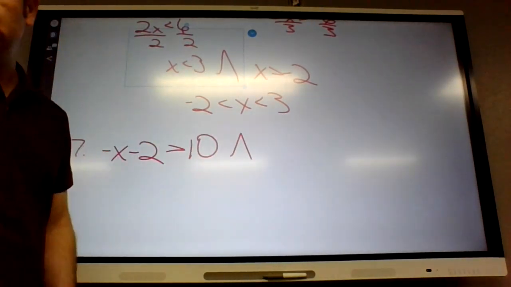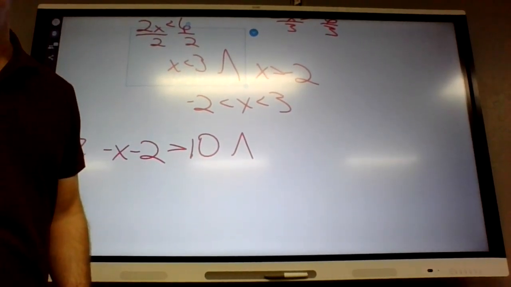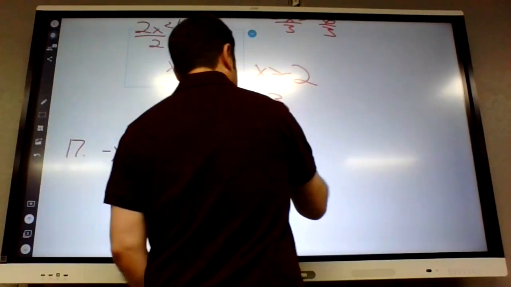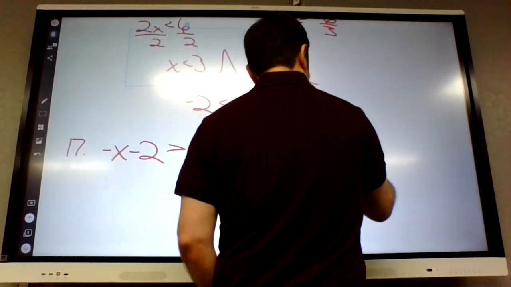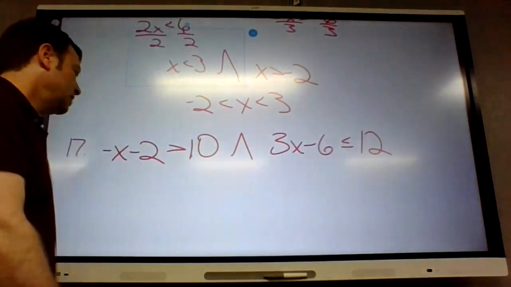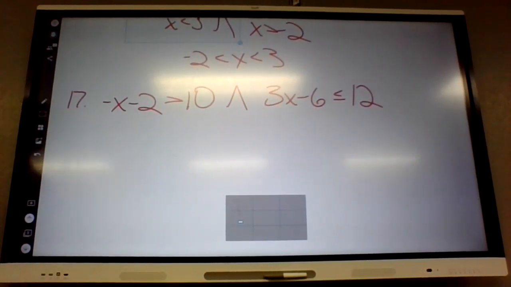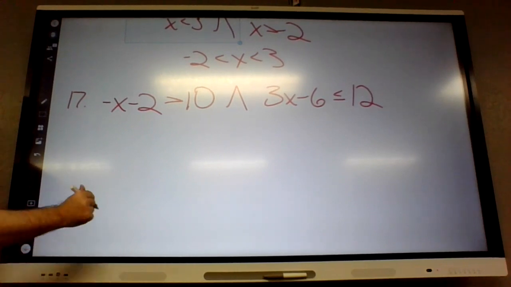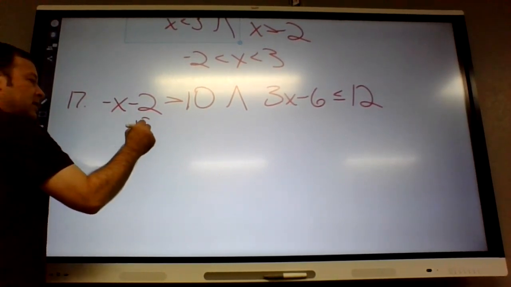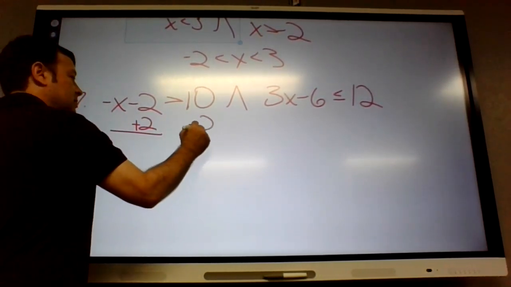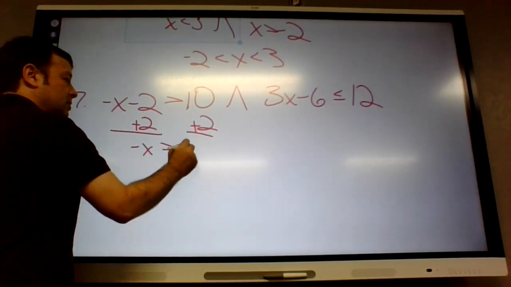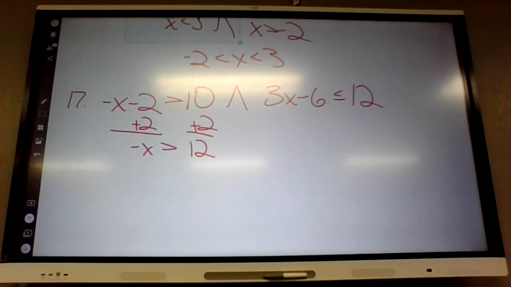And 3x minus 6 is less than or equal to 12. So Manny, what should we do to solve this first one? You'd add 2. And then you divide by -1.